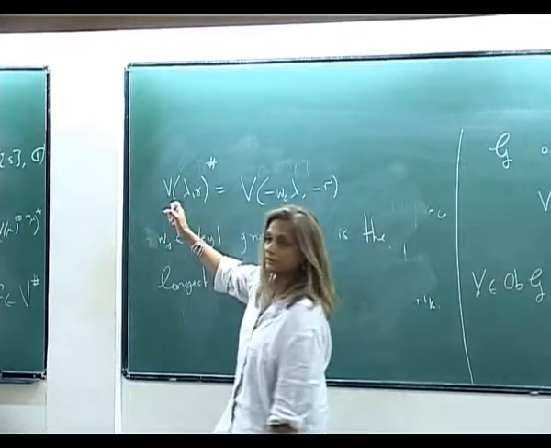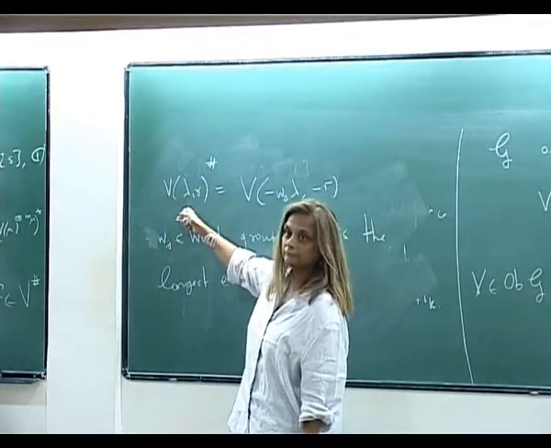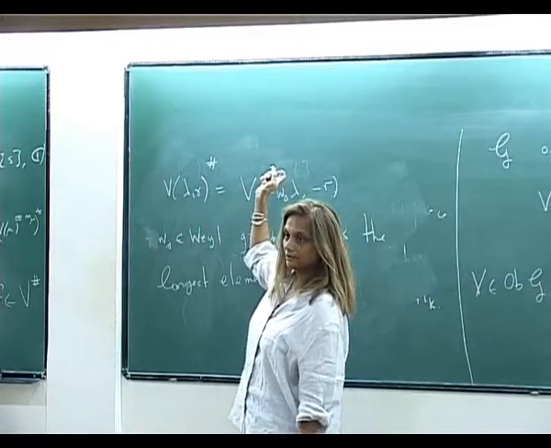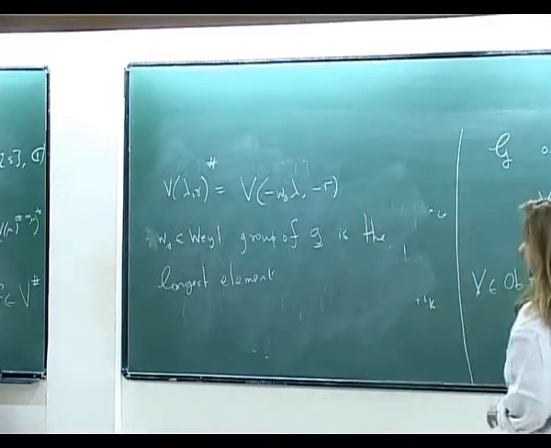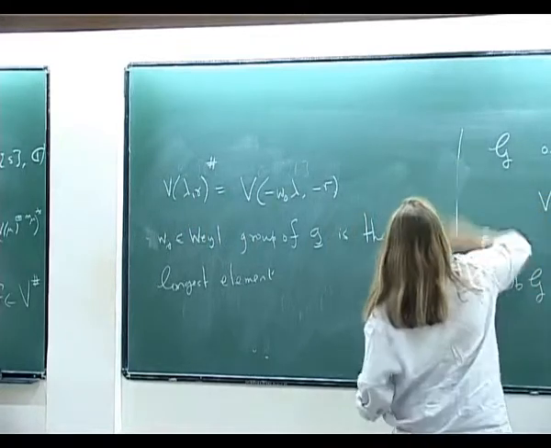So you have to take the dual of the representation V lambda, which is well known to be V of minus w naught lambda, and I have to change r to minus r. Okay, so that is my dual representation.